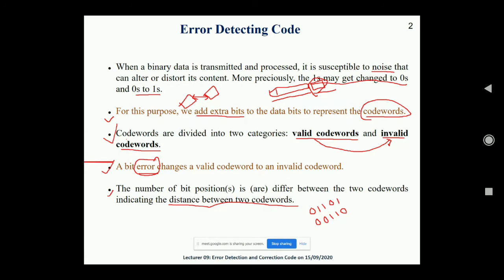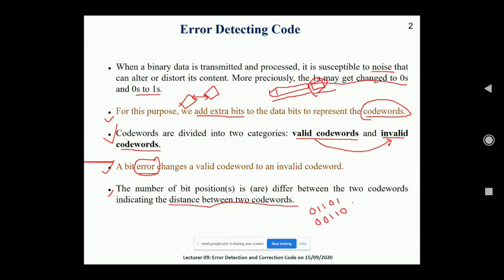The second bit position, the first code word is 1 and the second code word is 0. That means one difference has occurred. Third bit position, the first code word is also 1 and the second code word is also 1, so there is no difference. But the fourth position is 0 and 1, and the fifth is 1 and 0. That means this one is different, this one is different.